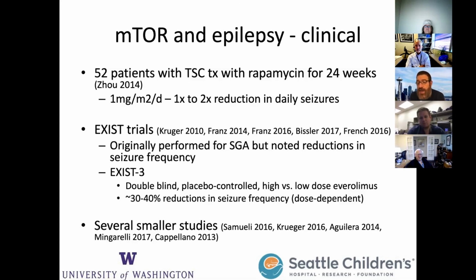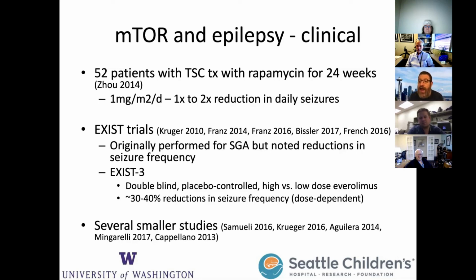So the first EXIST trials looked at the mTOR inhibitor everolimus with regards to SAGAs. And it showed that it stabilized or reduced the growth of SAGAs in the vast majority of children who were treated. But as a secondary outcome, they found that epilepsy was improved in these kids too. The third iteration, EXIST-3, was a double-blind, placebo-controlled, high versus low dose everolimus trial looking at epilepsy outcomes.